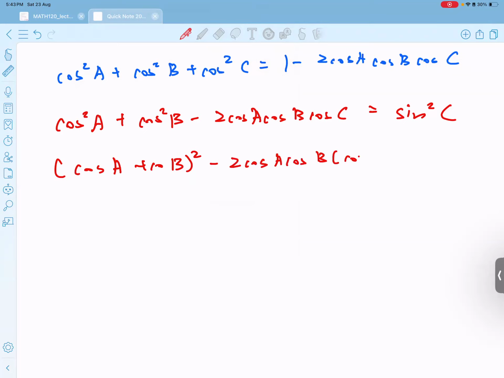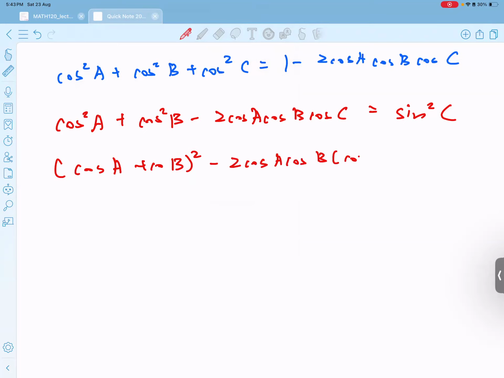The other interesting one was tan A + tan B + tan C = tan A times tan B times tan C. Again, the proof should be, assuming we have a triangle ABC.